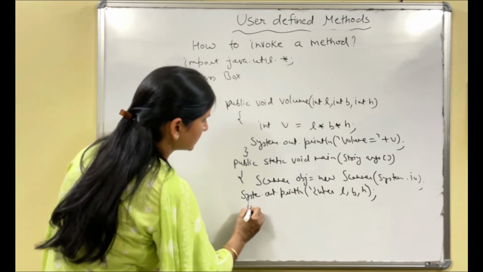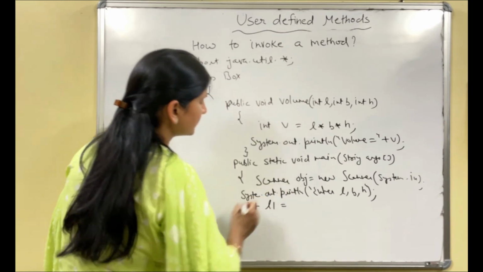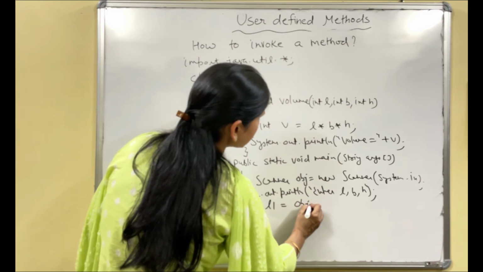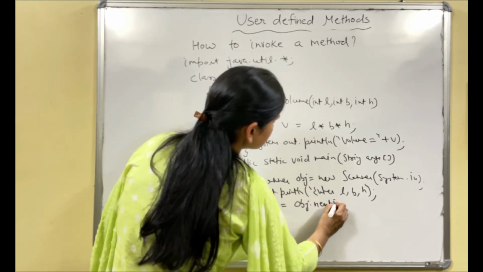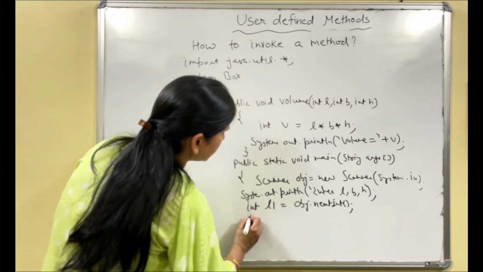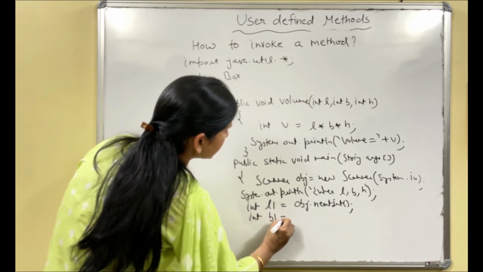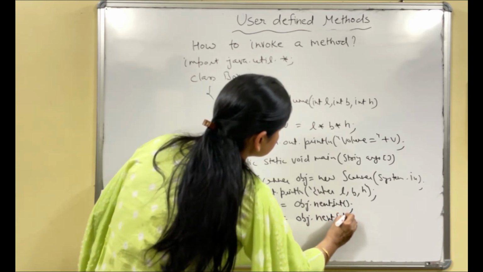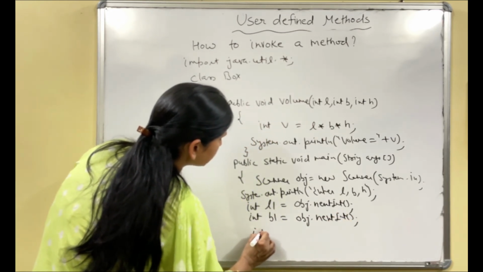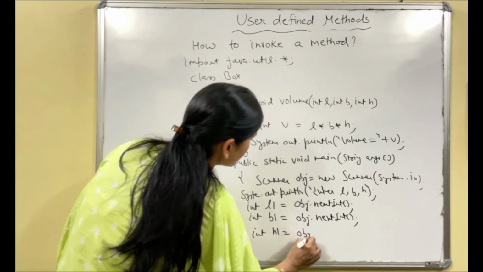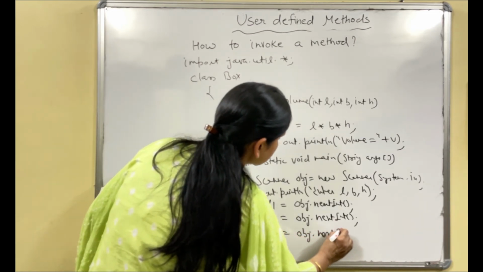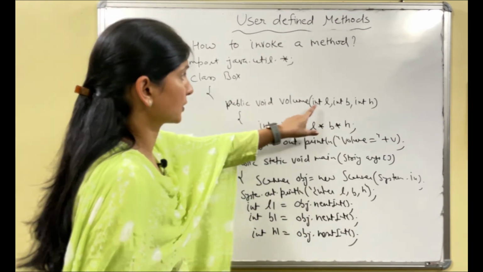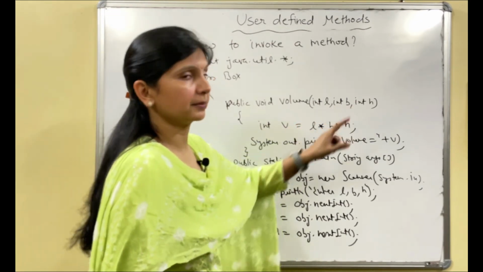Then we will take three variables L1, B1, H1: int L1 equals obj.nextInt, int B1 equals obj.nextInt, and int H1 equals obj.nextInt. So these are the three parameters which we will pass in this function, as we have taken the parameter list.